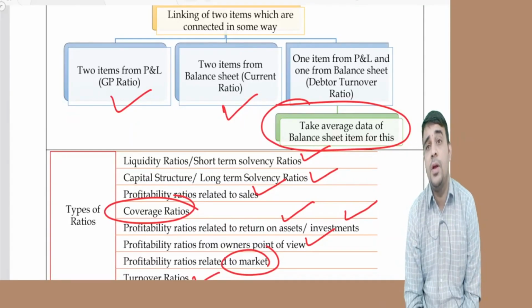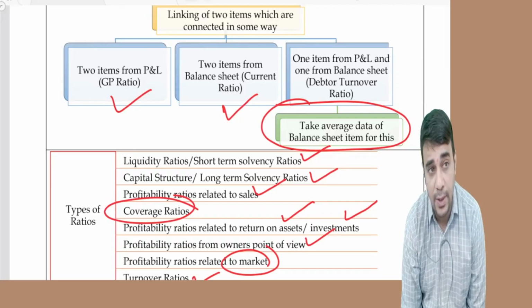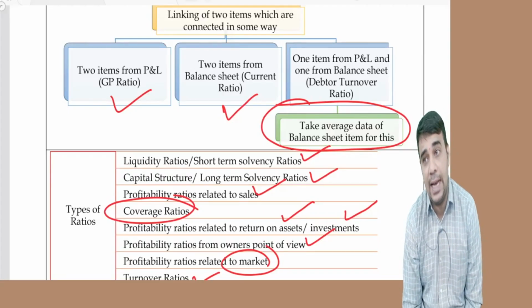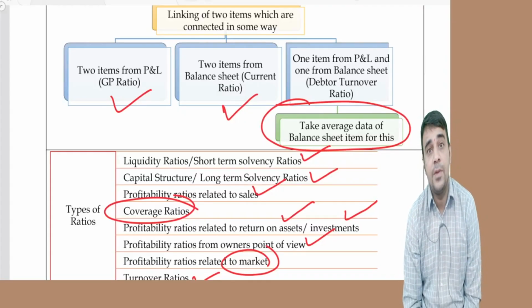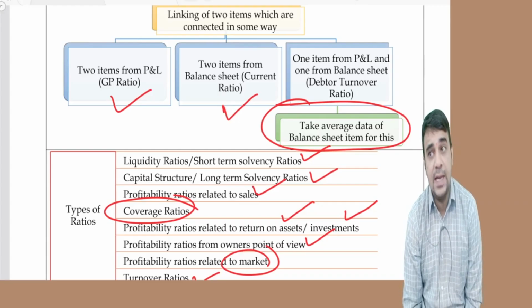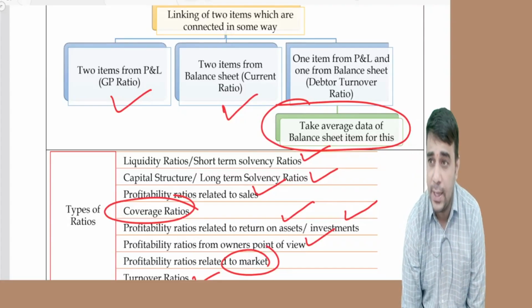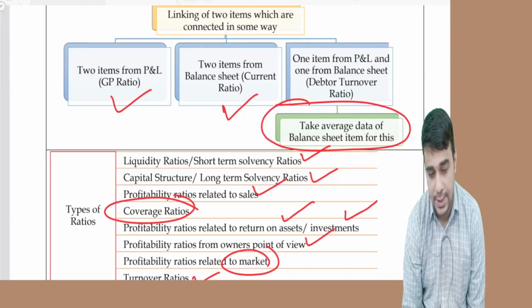Quick ratio: quick assets by current liability. Absolute liquidity ratio: cash and cash equivalent divided by current liabilities. Fourth one is basic defense interval: cash and cash equivalent plus net receivable divided by daily operating expenses. Fifth one is net working capital: current assets minus current liability, the operation related.